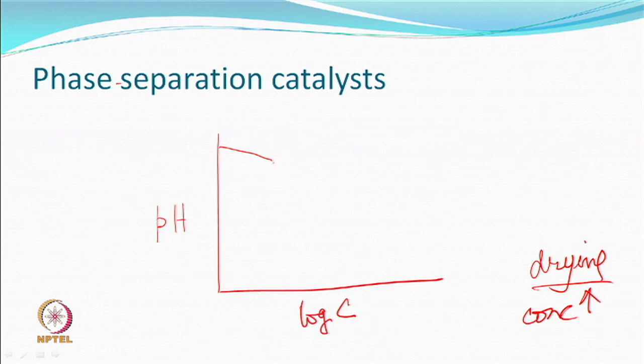So pH goes down, but at some point it falls rapidly, and that is the point which is a critical concentration where phase separates, and so activity starts increasing. And so this again is to reduce the loss due to acids.